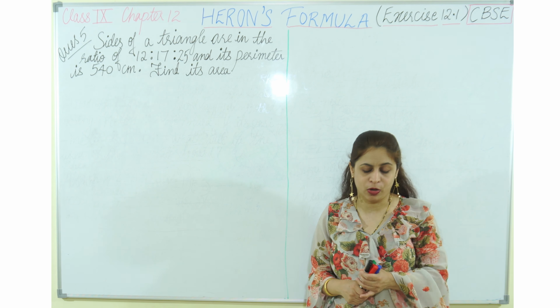So the perimeter we already know is given by A plus B plus C. Perimeter is the boundary of any closed figure. Here the closed figure is a triangle.